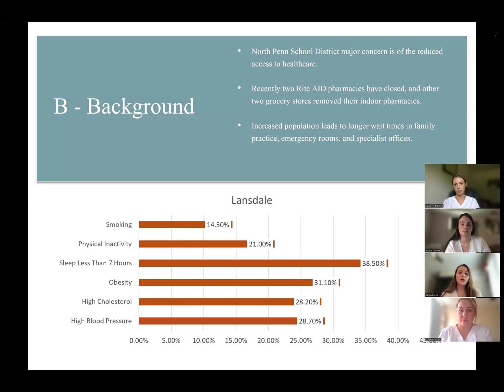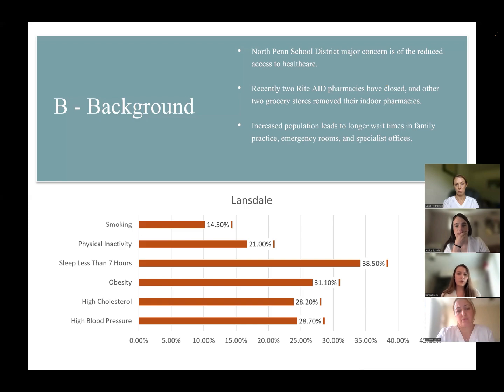So when we are talking about the increase of the population, it can also increase the waiting times for getting appointments to the doctors, for specialists, family practices, and especially emergencies. Over here with this chart, you can see data I brought from Lansdale, which is one of the biggest cities in the school district that we looked into.